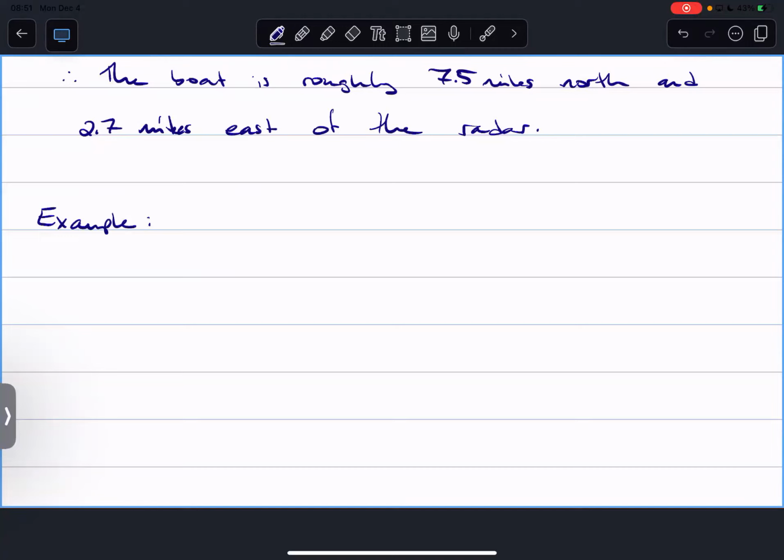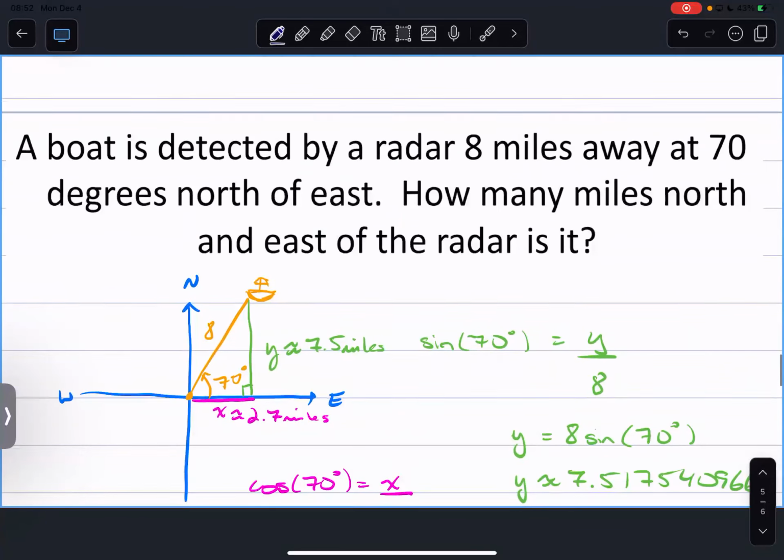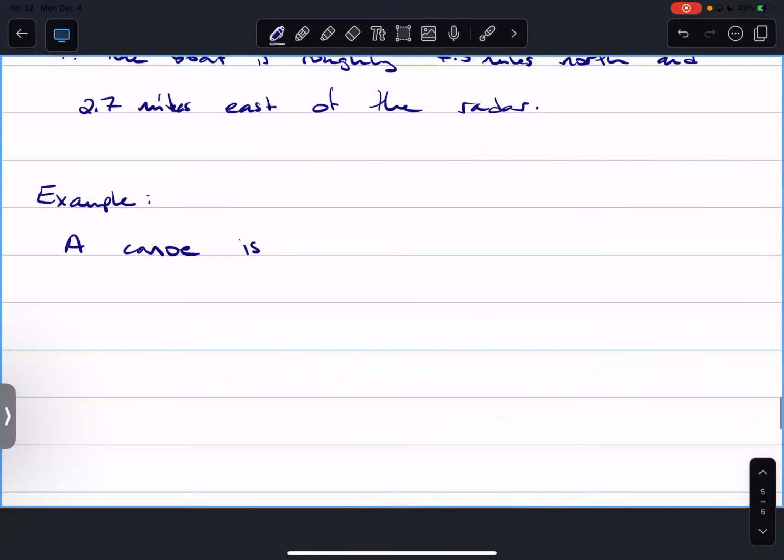Instead of a radar, how about a lighthouse or something? A canoe is, let's say, 4 kilometers away from a lighthouse.